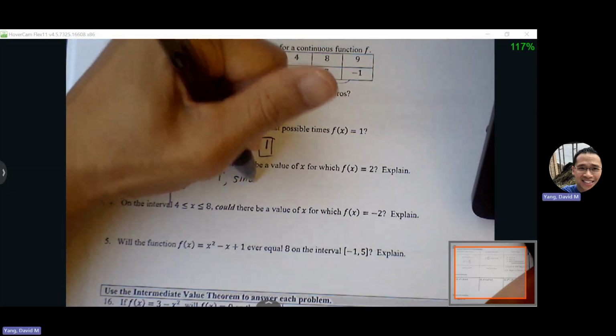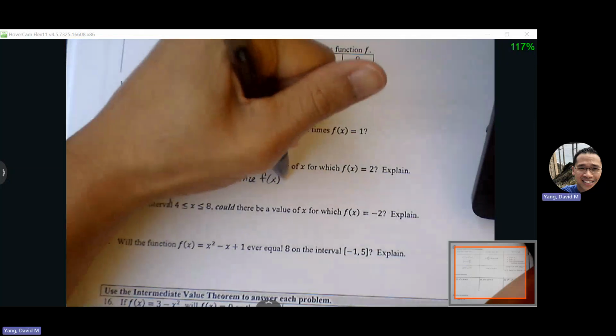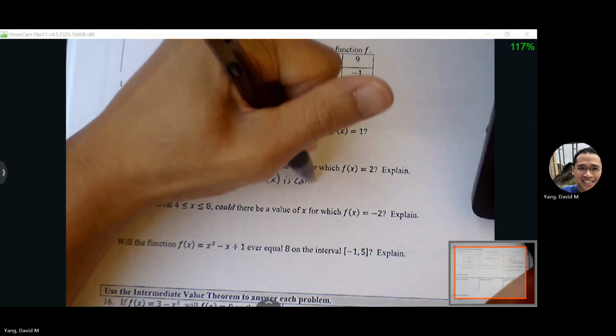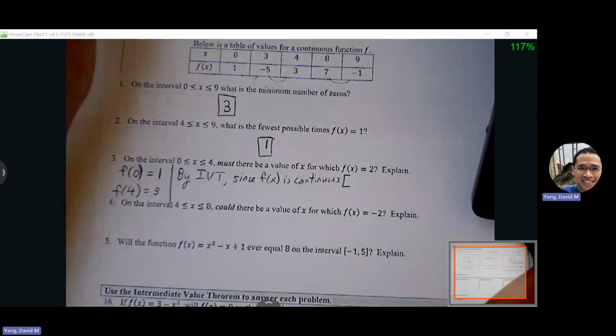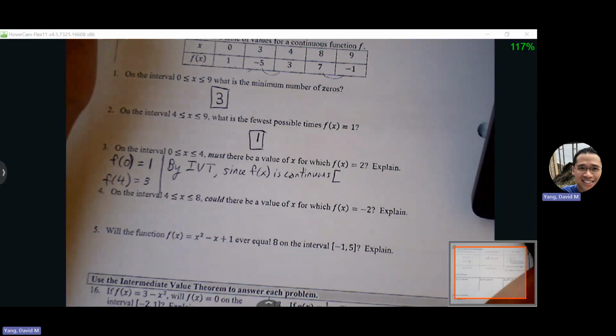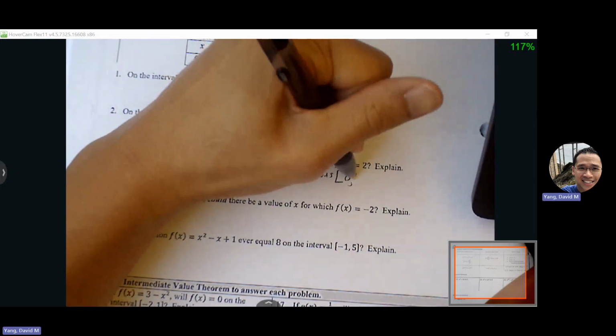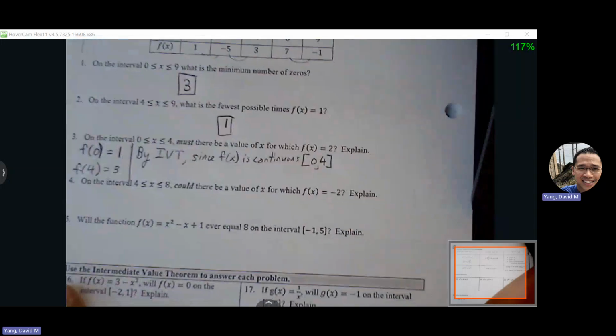Since our function is continuous, and we want to specify the interval, even if the function is continuous for all real numbers, we are just concerned about our interval. So we're going to specify our interval.